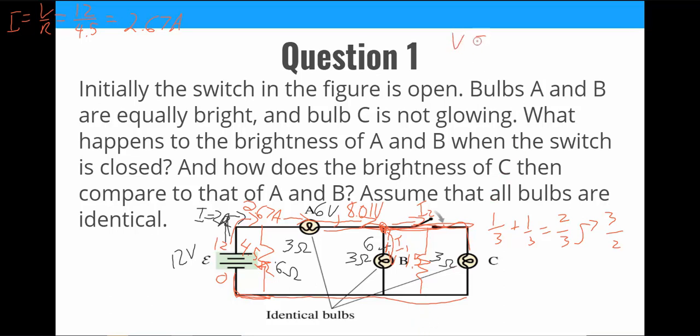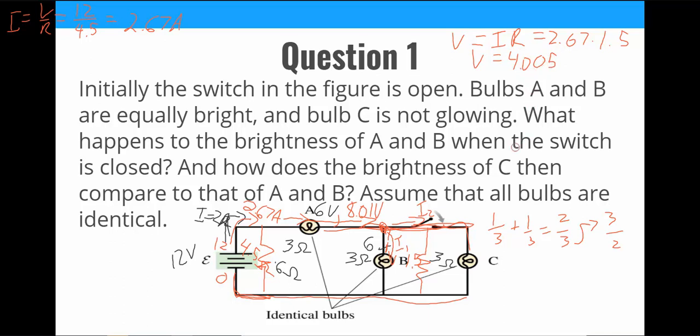So what is V, that I times R? 2.67 times 1.5. I know the answer. 4.005. So that's basically 4, right?